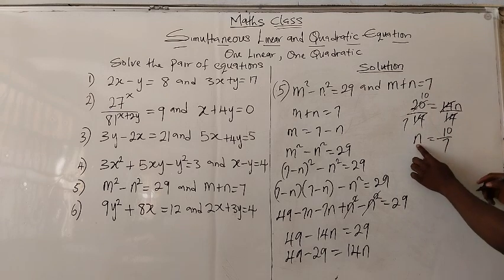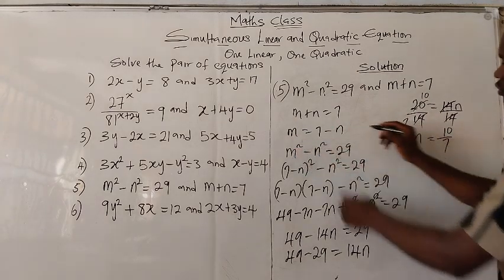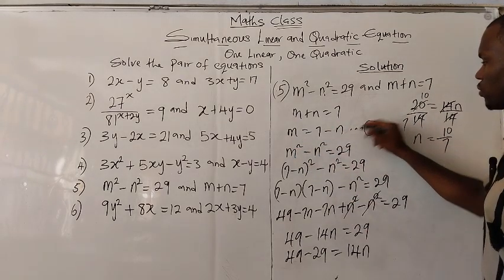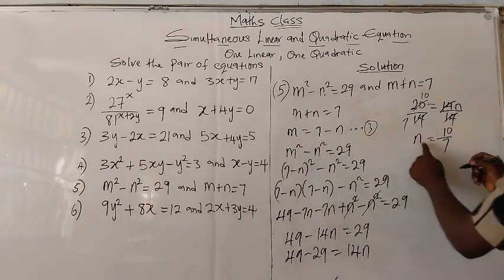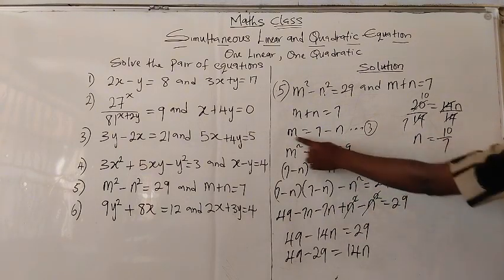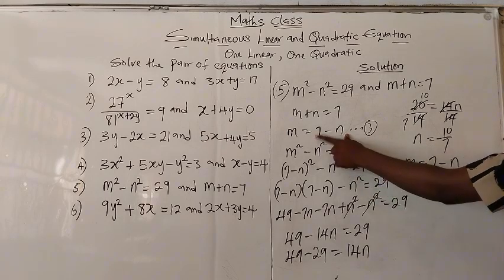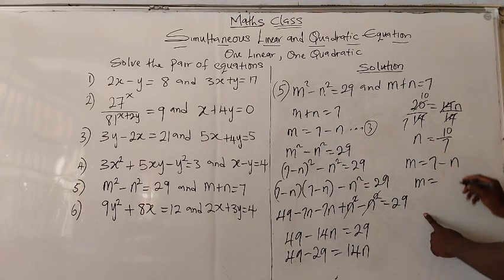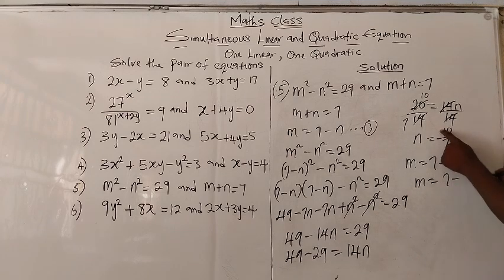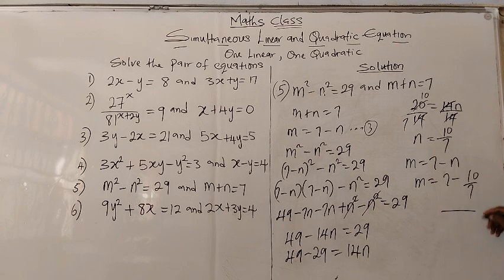Then we've gotten n. Let's go back to this subject of the formula. This is our equation 3. So go back there and put n as 10 over 7 to get m. m is equal to 7 minus n. So m would be 7 minus our n, which is 10 over 7. Then using LCM also, which is 7, 7 times 7, we have 49 minus 10.